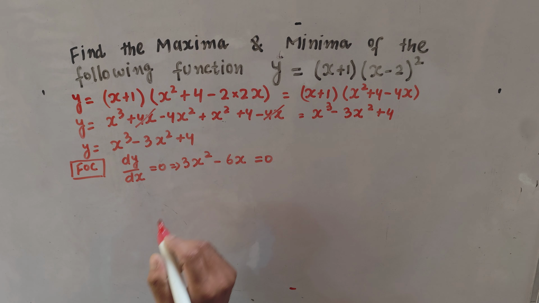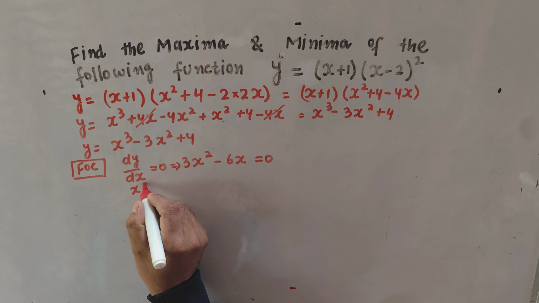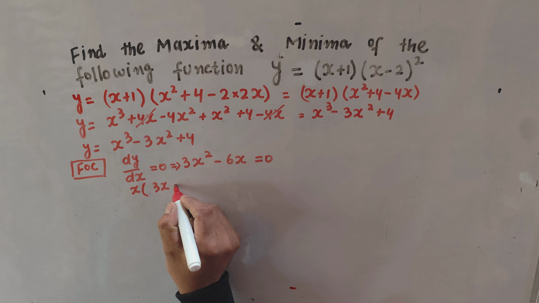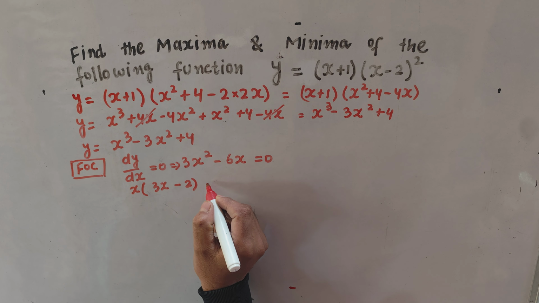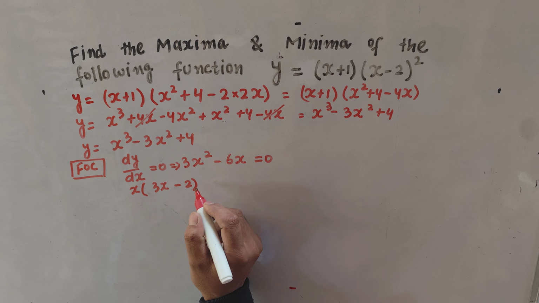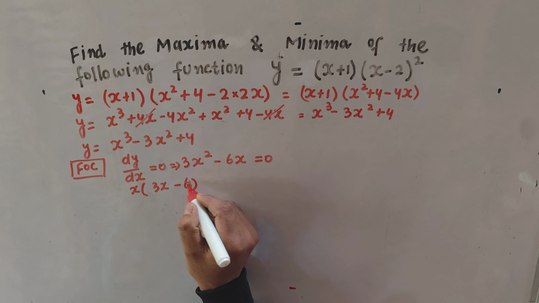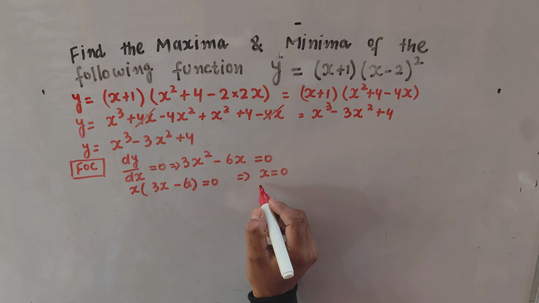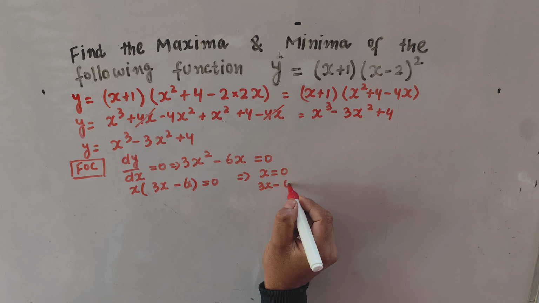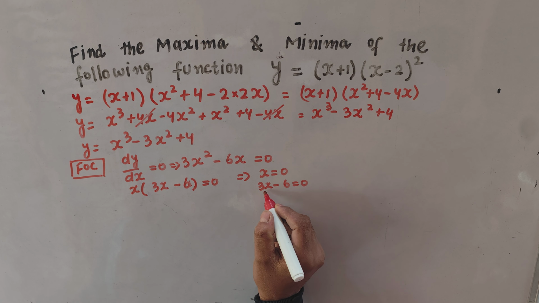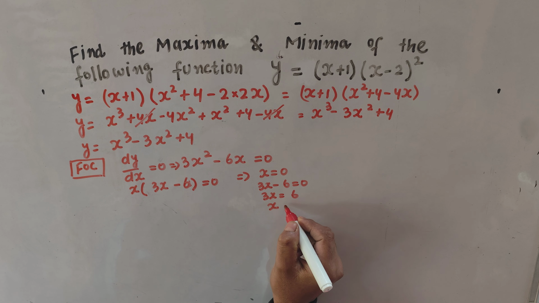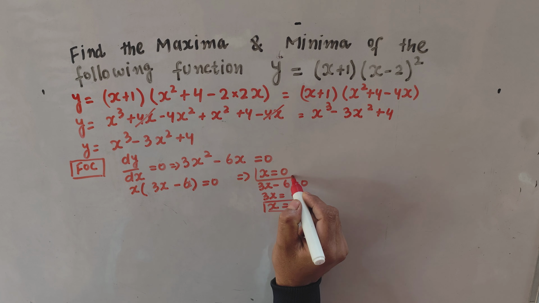Let us take 3x common, so we have 3x times (x minus 2) equal to 0, which implies either x is equal to 0 or x minus 2 is equal to 0, so x is equal to 2. So we got two critical points.